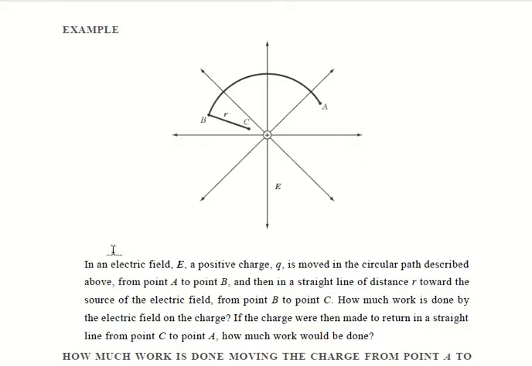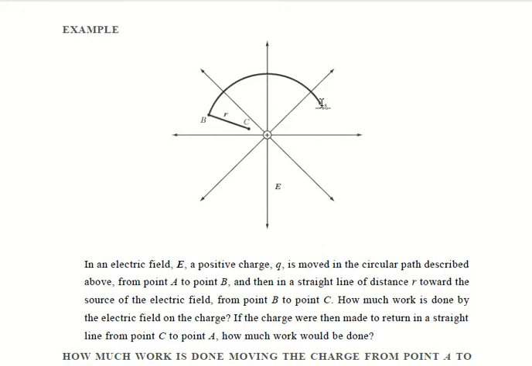Example time. We have this electric field E. So all of these arrows that emanate from this center charge represent the electric field E. This E is being generated by that pretty large central positive charge. We take another positive charge Q, it's not in the picture here, but we're moving it in the circular path shown.